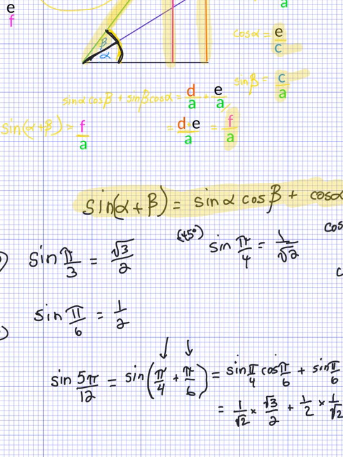And that just equals, we'll multiply them out, root 3 over 2 root 2, plus 1 over 2 root 2, which equals root 3 plus 1 over 2 root 2.